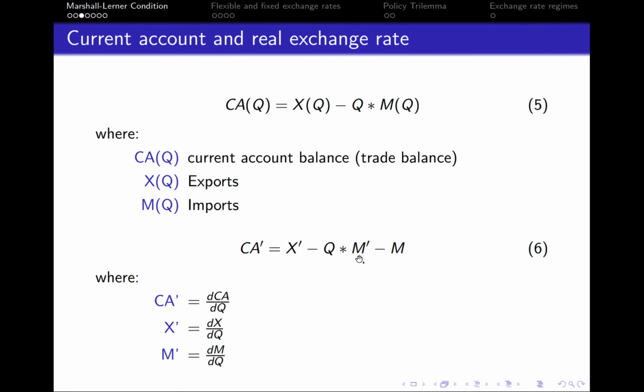On one hand, we have derivative of imports times real exchange rate, and over here we have simply imports. And look, this is an extremely important fact that will allow us to shed a little bit more light on what happens when real exchange rate changes.